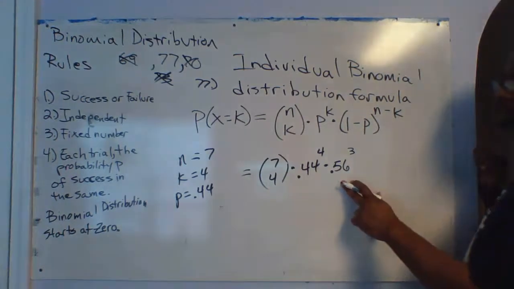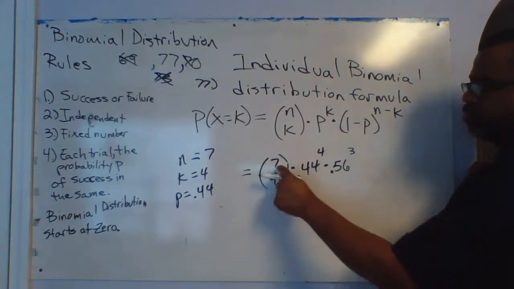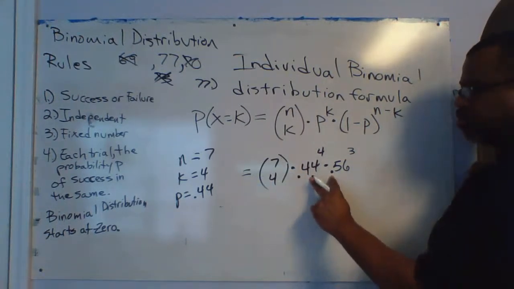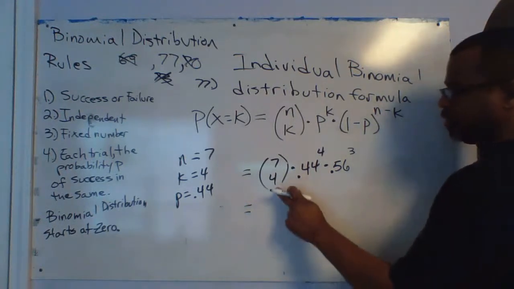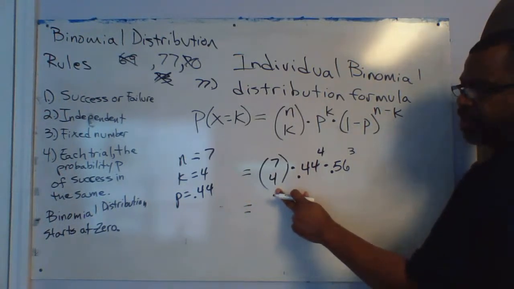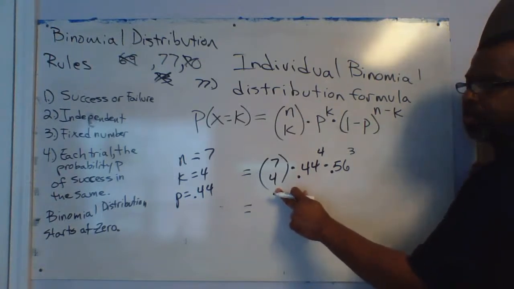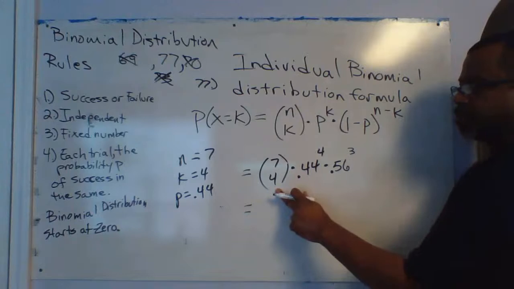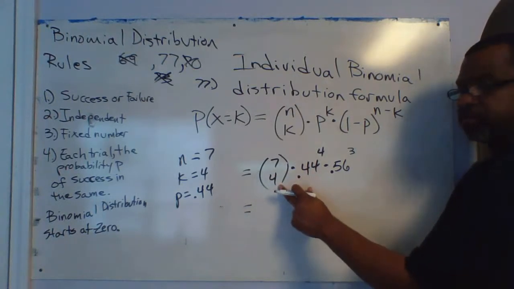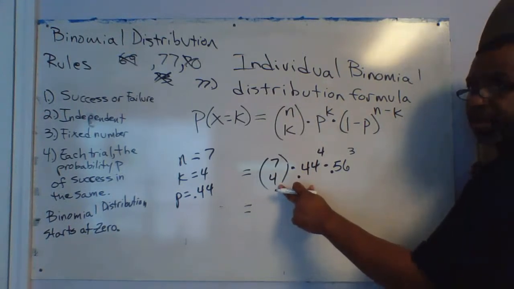Again, yesterday when we talked about it, your exponents should add up to your sample size and your bases should add up to 1. Now remember, I showed you how to use combination. In other words, these are all the possible outcomes for 7 choose 4, and the order does not matter.